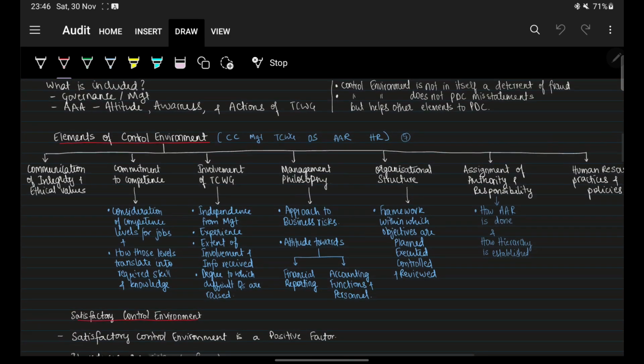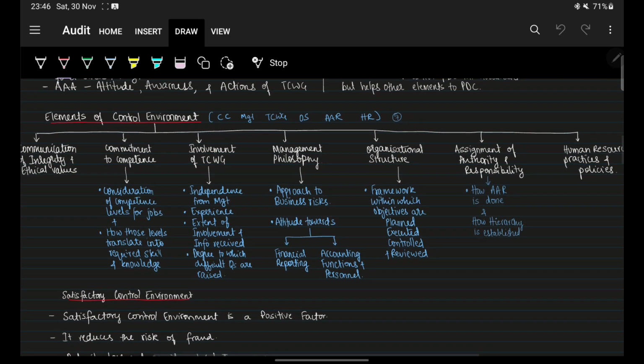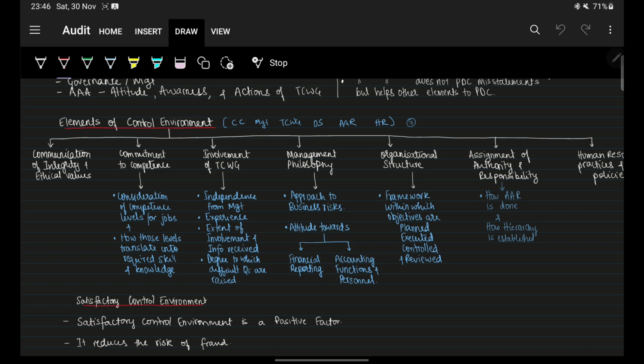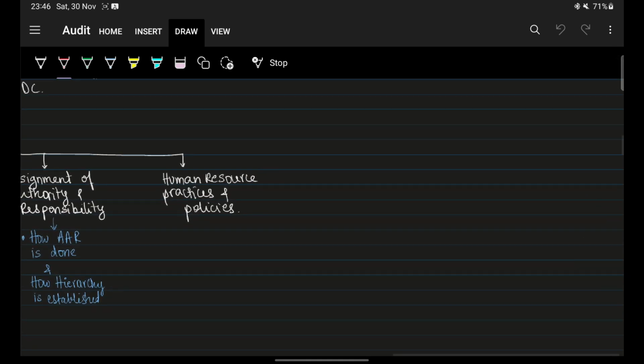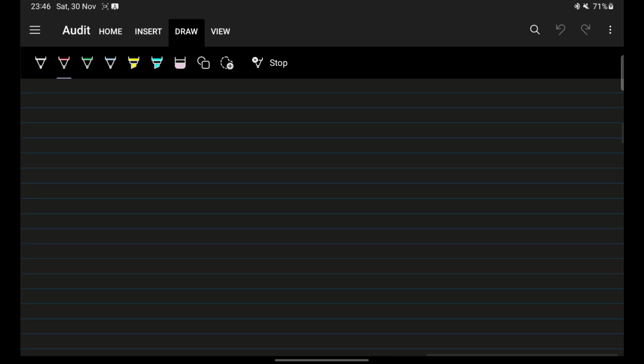Now, elements of the control environment. I understand this is going to be a bit stressful or mind messing, right? That is probably because once you get a bird's eye view of what is happening, I think it will become much simpler, okay.